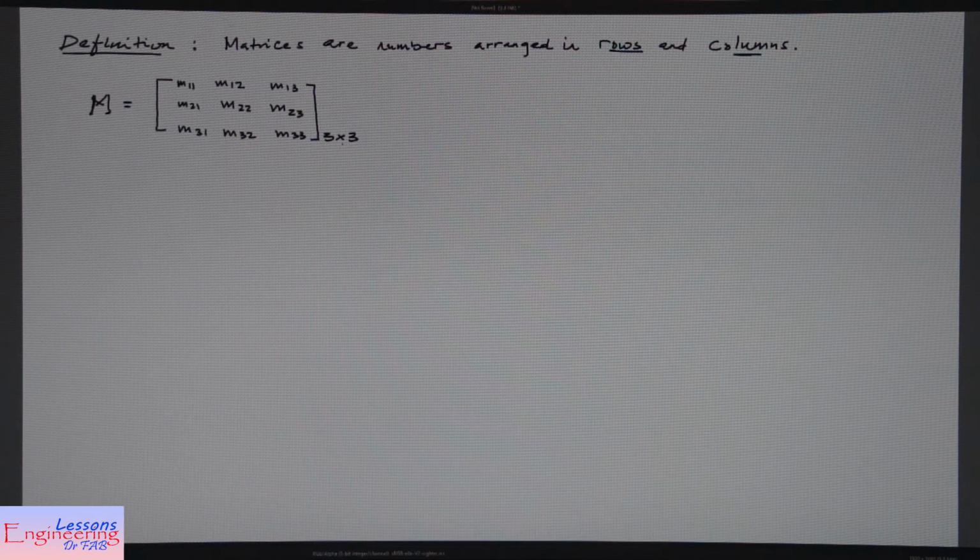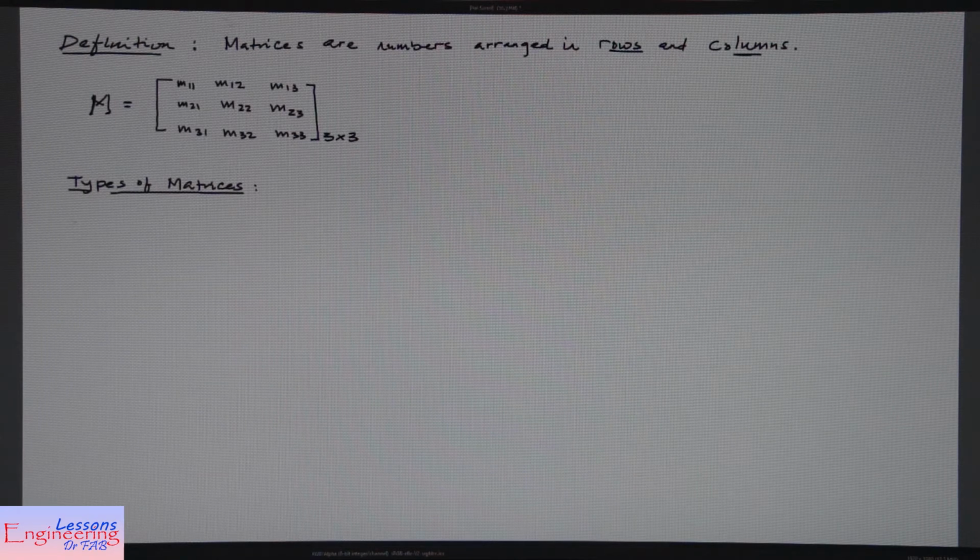Now, let's look into the type of most common matrices that we have. Type of matrices.